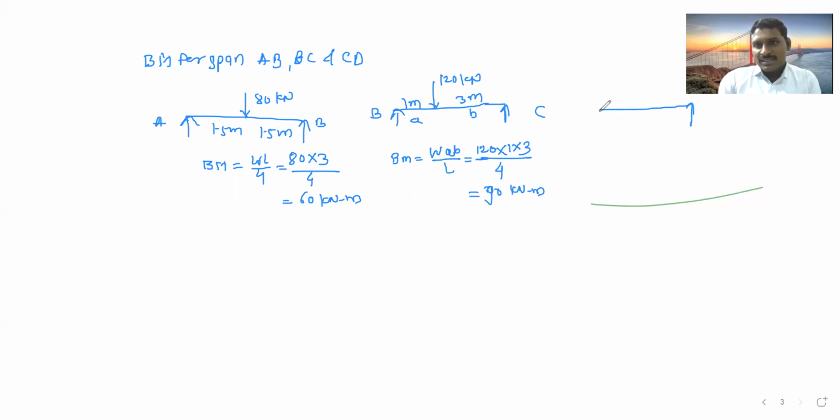For the third span, a UDL is carried. This UDL intensity is 15 kilonewton per meter. This span is 5 meter.